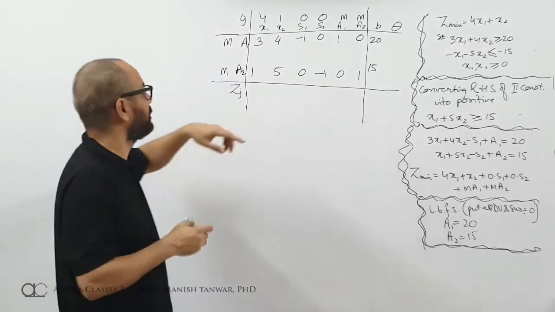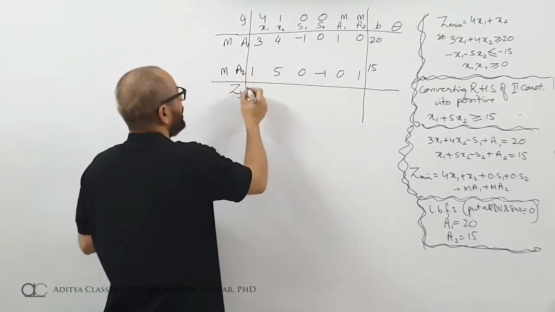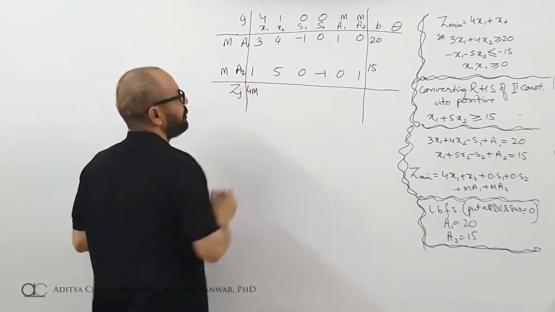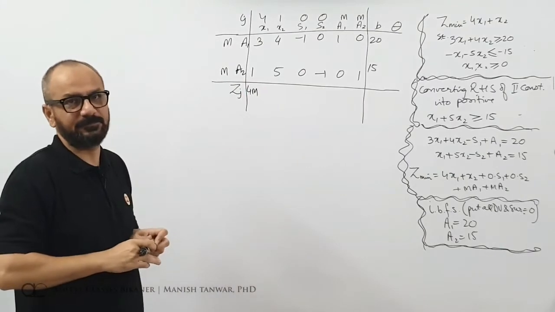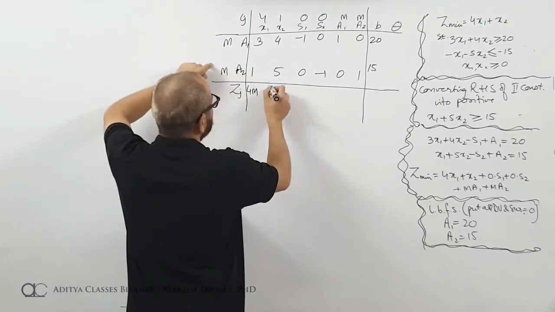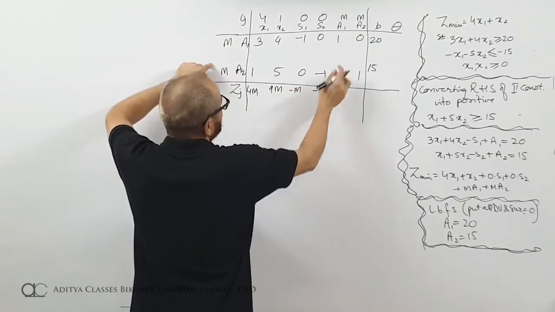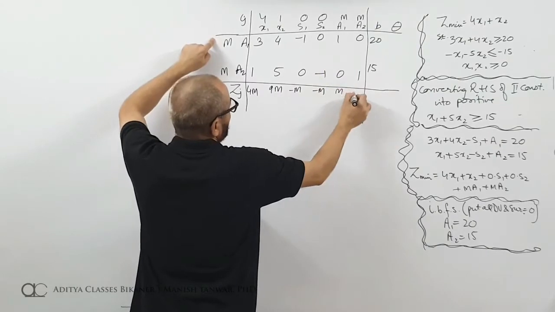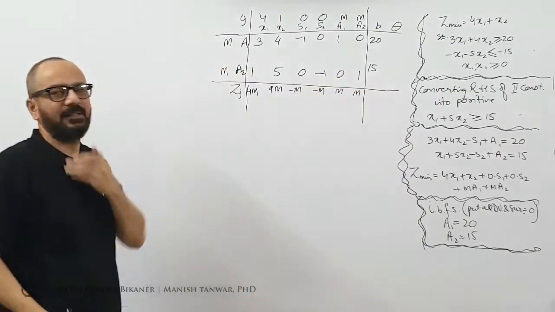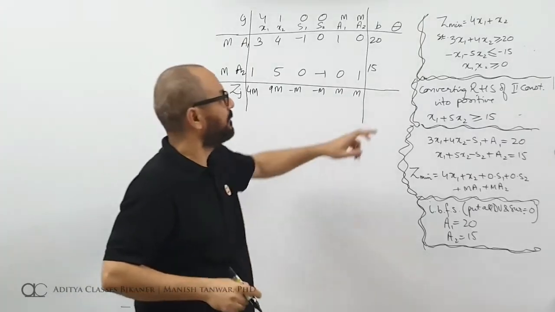But this time it is 3M plus 1M, so I have a Zj of 4M. It is not 0 this time. Then we have 4M plus 5M, that is 9M, minus M, minus M, M and M. These are our Zjs.